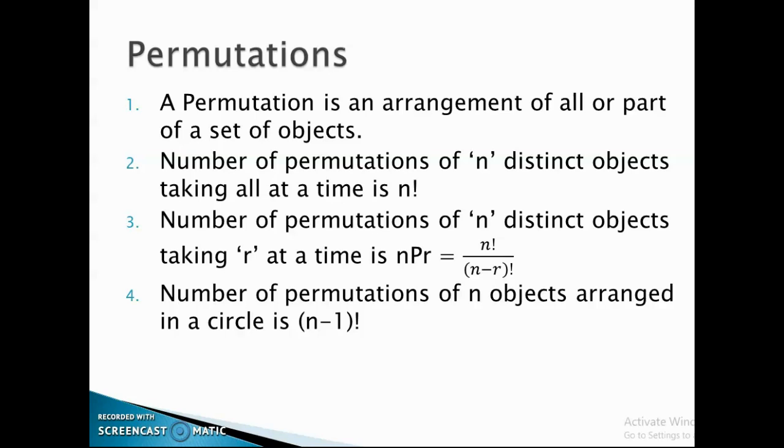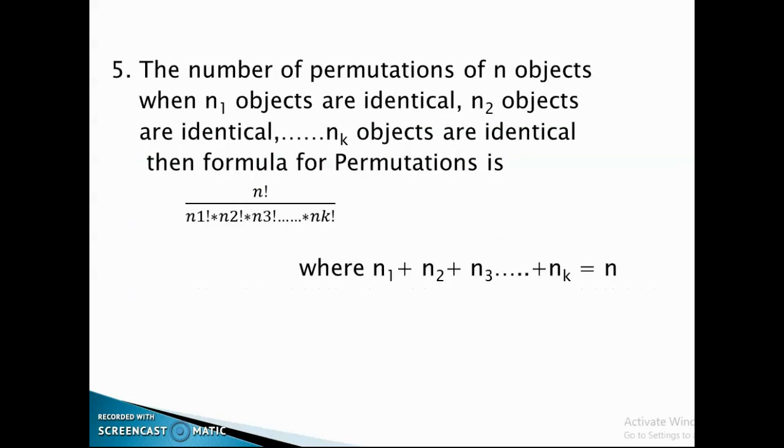Number 4, the number of permutations of n objects arranged in a circle is n minus 1 factorial, which are also known as circular permutations.